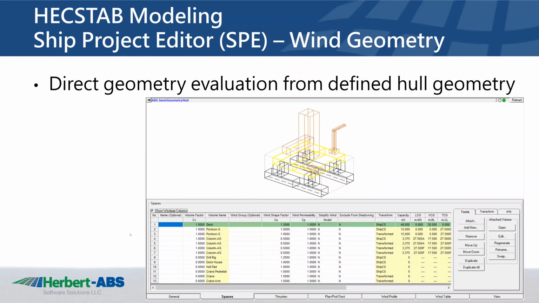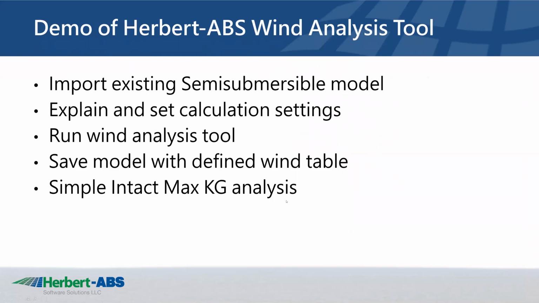And again, this is a method that's better suited for offshore vessel wind analysis when compared to something like the ship profile, since we're now taking directly to geometry and doing the calculations out. So that's it for the Ship Project Editor and wind model definition side. And so next we'll move into looking at our wind analysis tool.